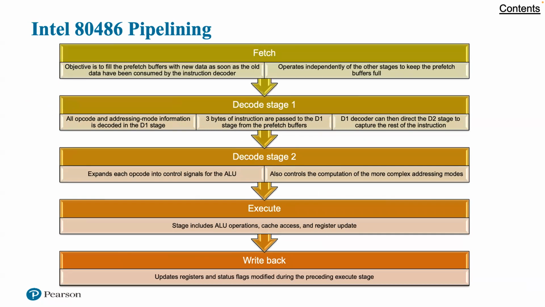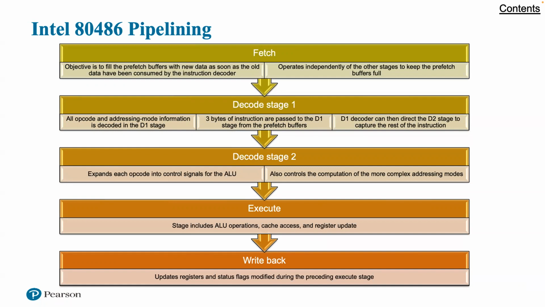First, fetch. The instructions are fetched from the cache or from external memory and placed into one of two 16-byte prefetch buffers. The objective of the fetch stage is to fill the prefetch buffers with new data as soon as the old data have been consumed by the instruction decoder.